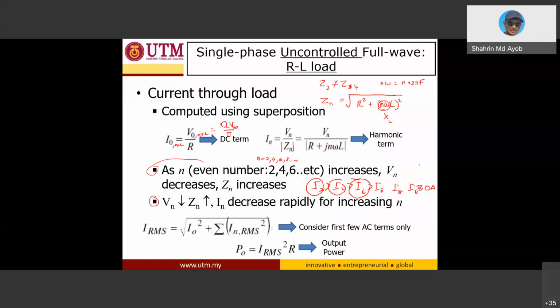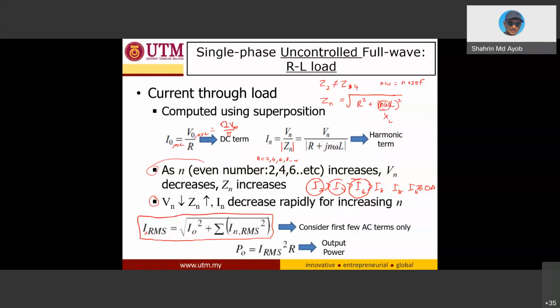this is the equation to calculate the I out RMS. You can refer to Daniel W. Hart, chapter 1. In the textbook they refresh how to calculate the average for a certain type of waveform.